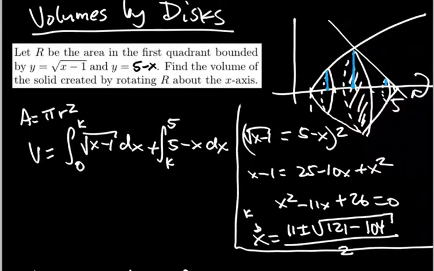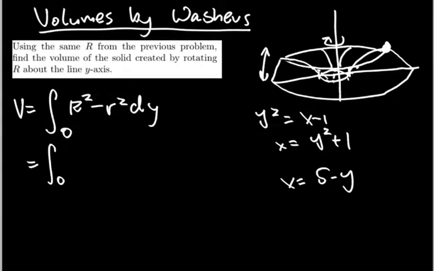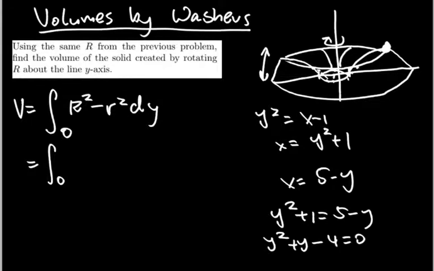And here, the x and the y will essentially just switch, 5 minus y. Alright, so we got that. So where are they equal in the y's? So set those equal. y squared plus 1 equals 5 minus y. So we get y squared plus y minus 4 equals 0. I think you might need the quadratic formula for this thing.